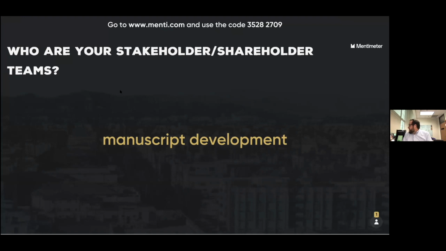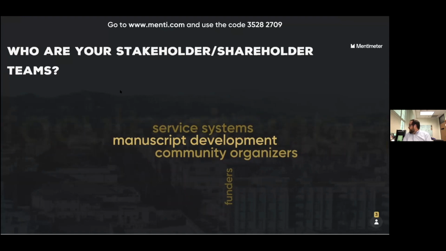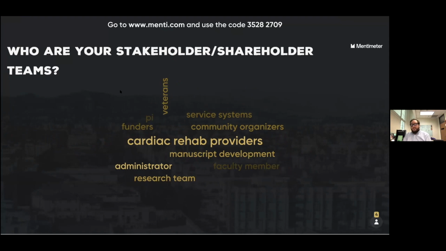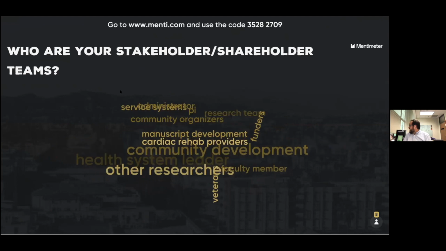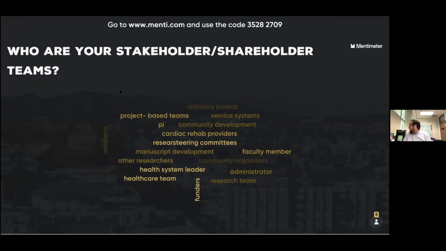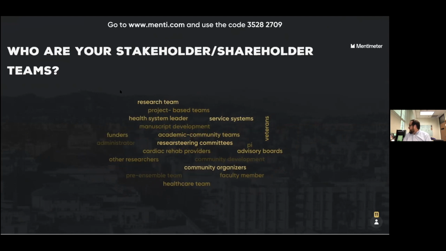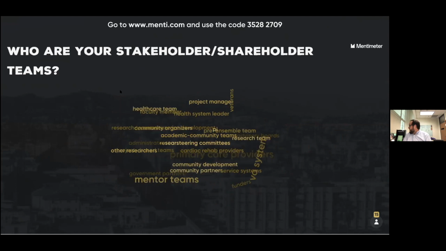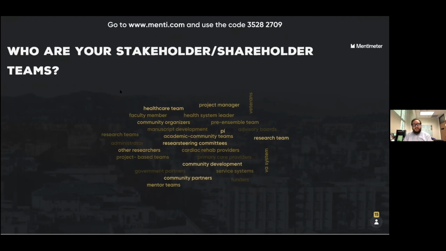Manuscript development teams, okay, so working with more academically based teams, service teams, community organizers, PI teams, working with teams of veterans, research teams, administration teams, systems teams. I love how many teams y'all are bringing into this. A lot of research teams, a lot of project management teams, so a lot of academically based teams.